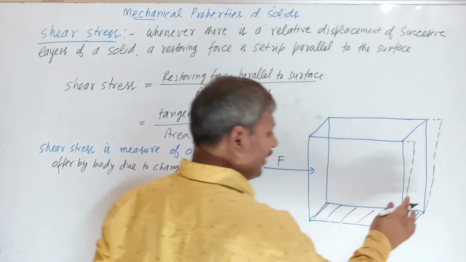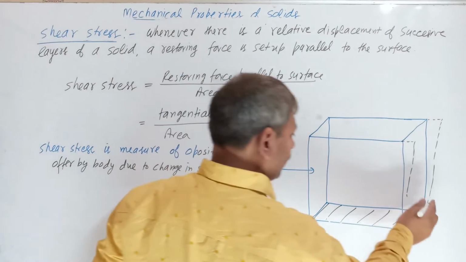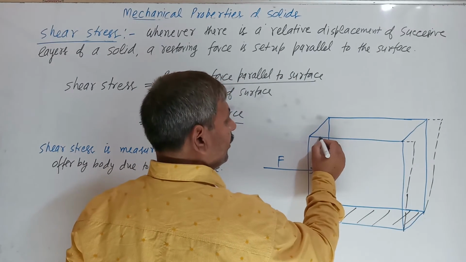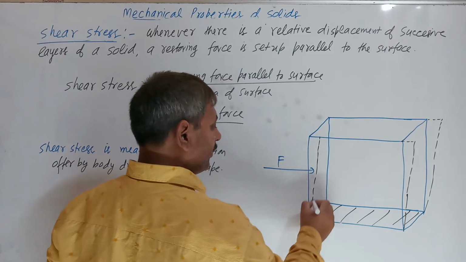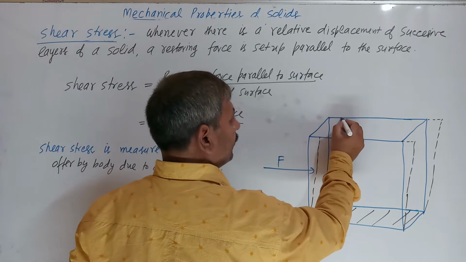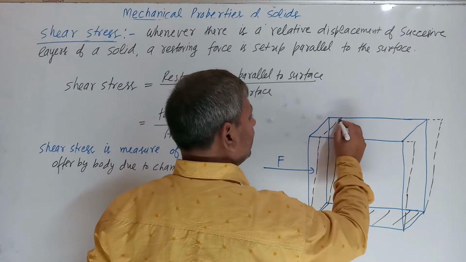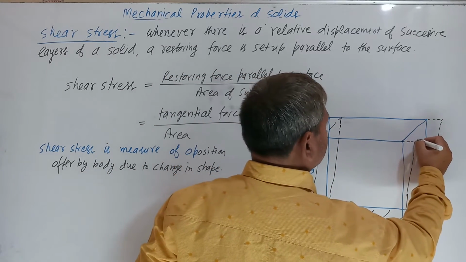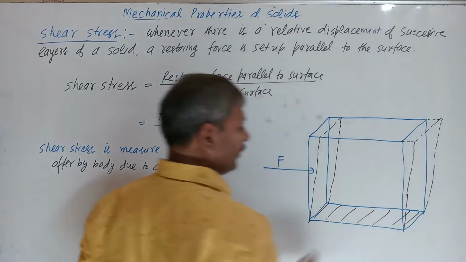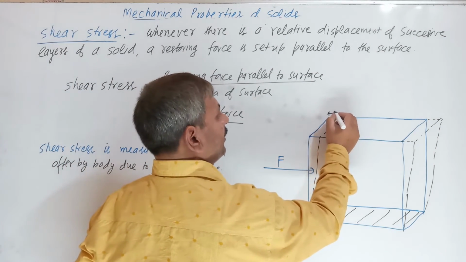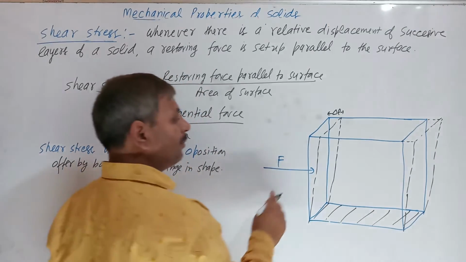You can see the change in shape upward by the body. So in this change in shape, there is a lateral displacement, this delta L, lateral displacement.